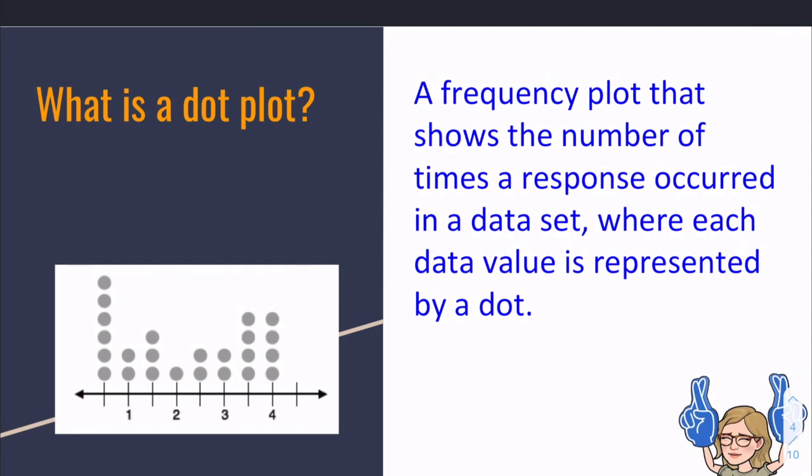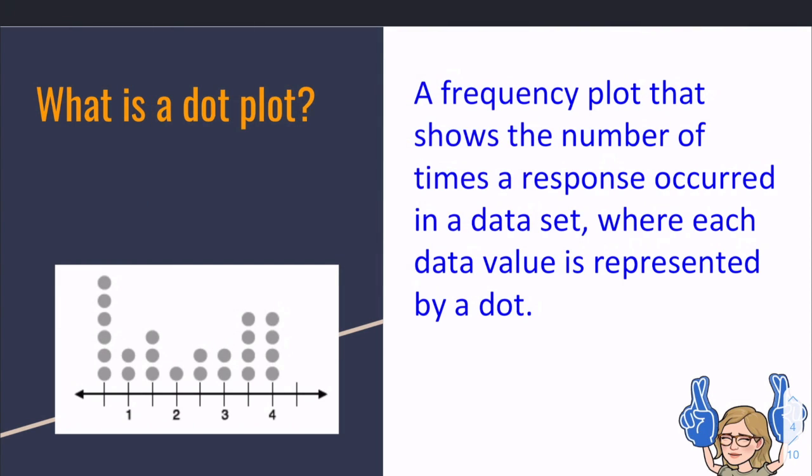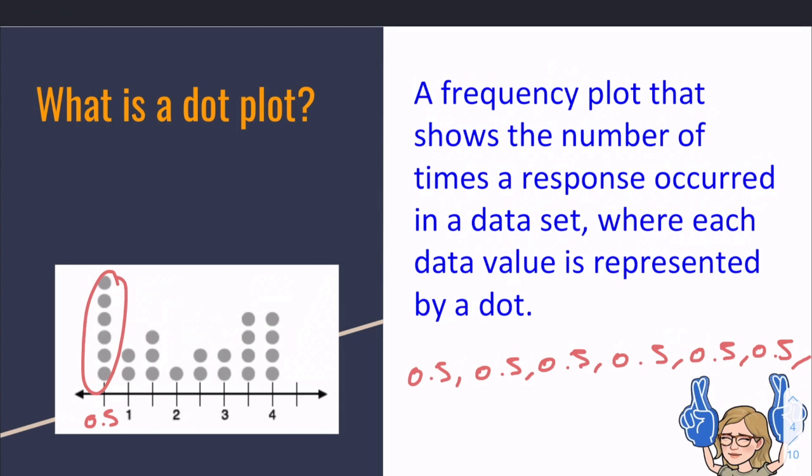in the data set. So for example, if I were to write this out as a data set, it looks like I have 0.5, 0.5, 0.5, 0.5. I have it 6 times. I know that because I have 6 dots over 0.5.